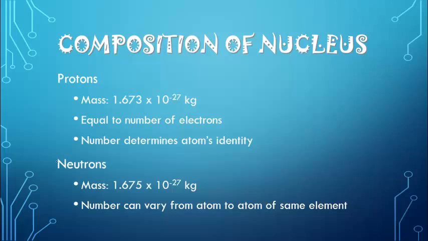is the protons. Well, the protons have a mass of 1.673 times 10 to the negative 27 kilograms. Again, we see that this is small, but compared to a negative 31, it's actually quite a bit larger. So this actually does have measurable mass.